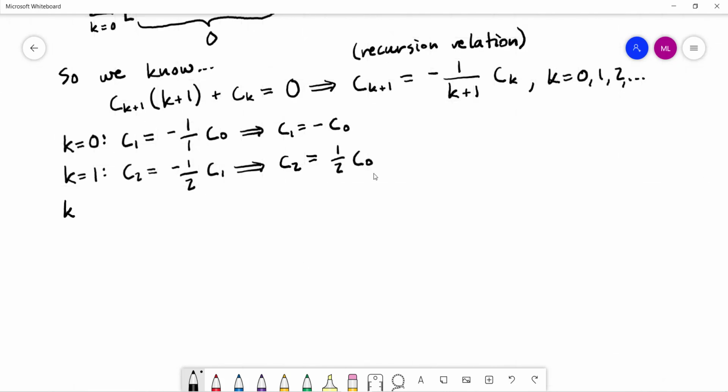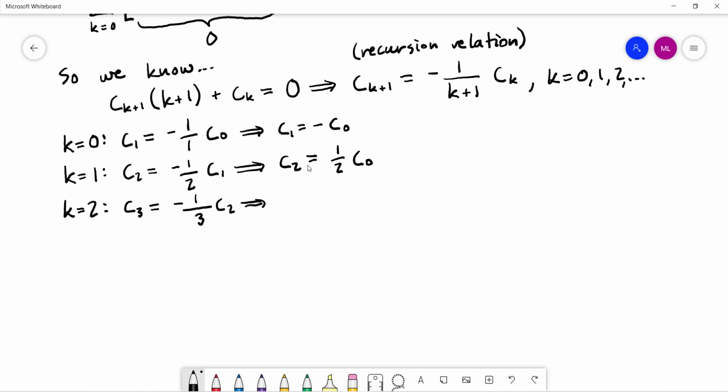And then we can keep going. K equals 2. The k equals 2 case will allow me to figure out what c3 is. And c3 is going to be negative 1 over, again, we're plugging in k equals 2, so c3 equals negative 1 over 3 times c sub k, but c sub k when k equals 2 is c sub 2.